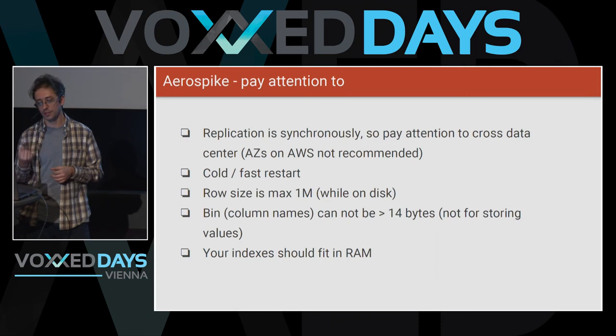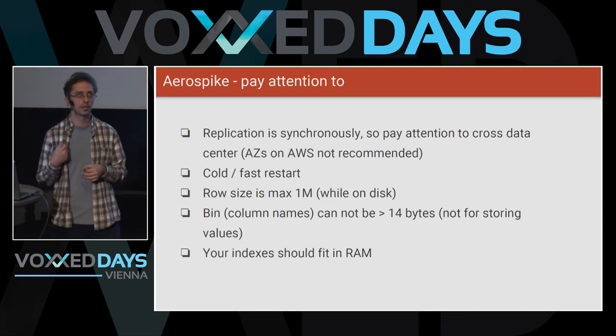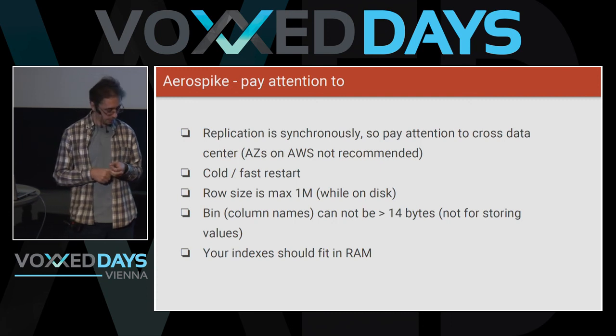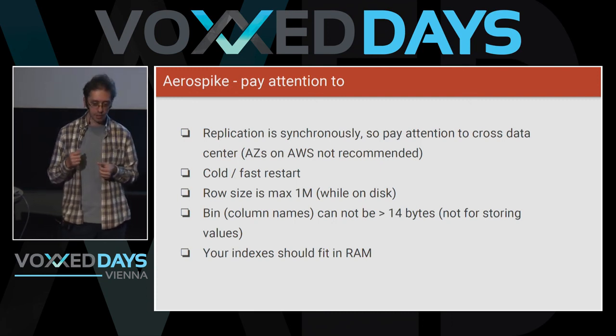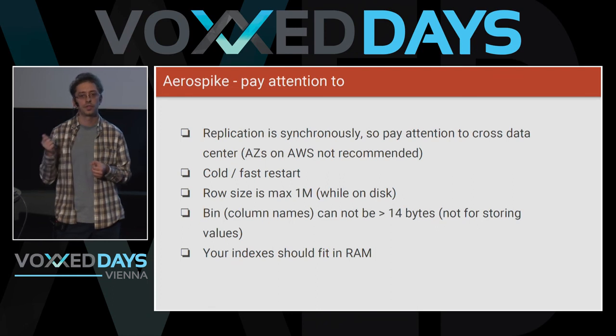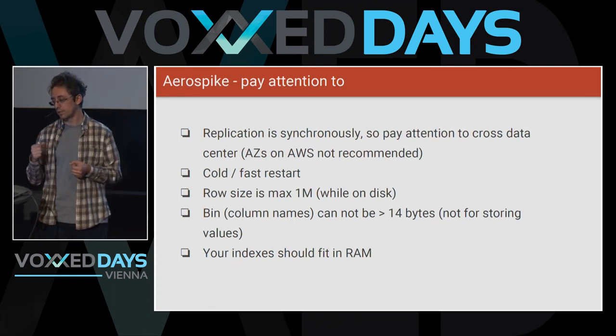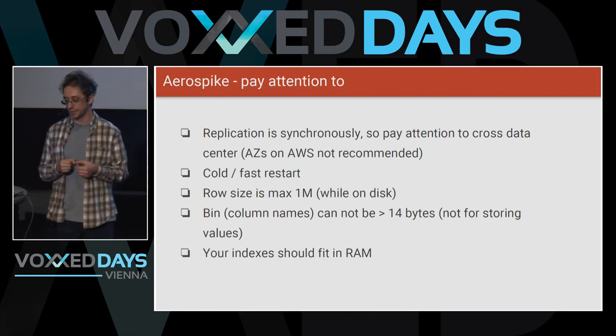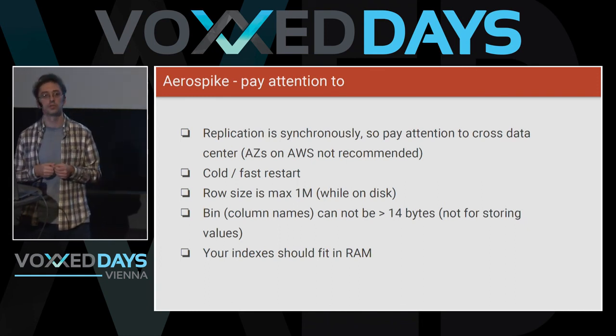There is the option of fast restart, unfortunately only available in the Enterprise edition, so you need to pay for the license. What it does is save a copy of the indexes in the memory of the operating system. So it has a copy in RAM of all the indexes, and this allows you to restart in a couple of seconds.